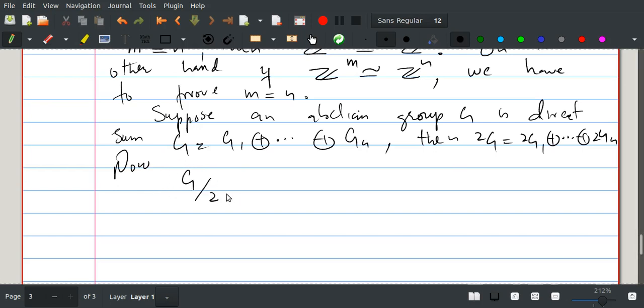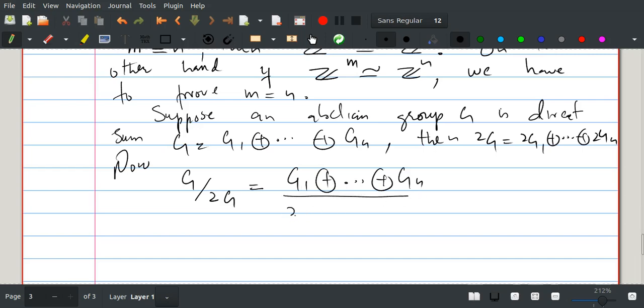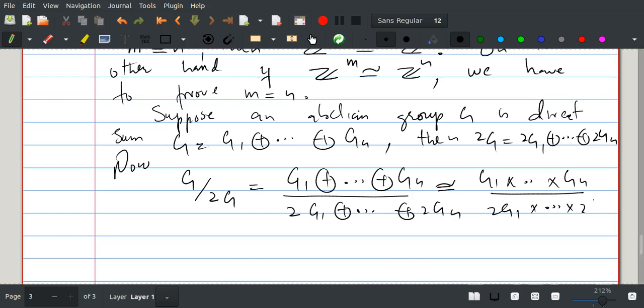So G mod 2G is the same as (G1 direct sum so on direct sum Gn) over (2G1 direct sum so on 2Gn). Since this internal direct sum is the same as the external direct sum, this is the same as (G1 cross so on cross Gn) over (2G1 cross so on cross 2Gn).